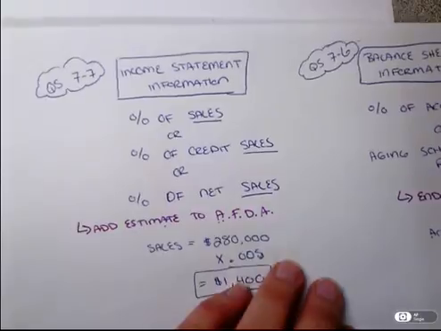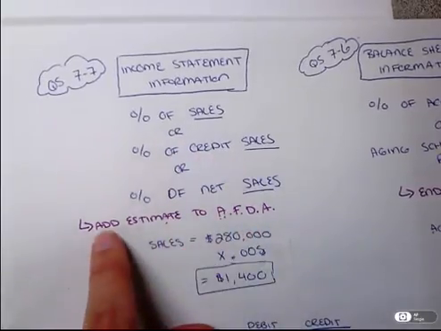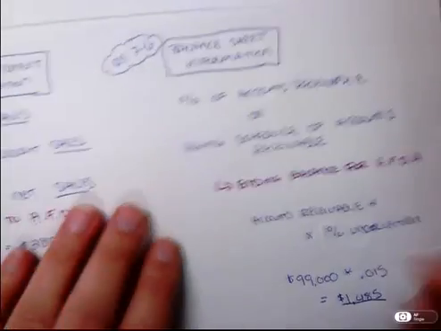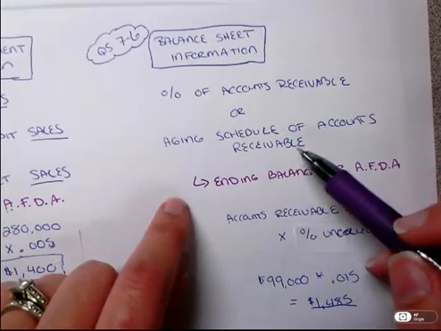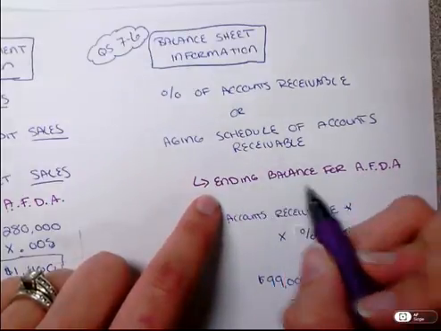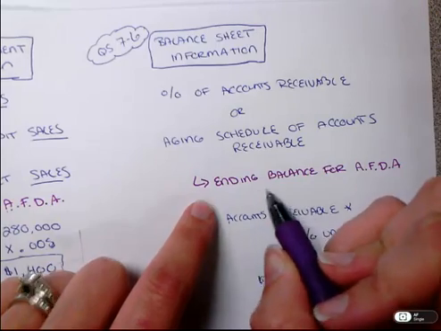So if I refer back to the percentage of sales method, whatever we calculated became the estimate we added to the allowance for doubtful accounts. When we use the balance sheet information way, with the percentage of accounts receivable or aging schedule of accounts receivable, whatever we come up with, we need to make that the ending balance for the allowance for doubtful accounts. It's not going to be an addition. We're going to make this the ending balance. So let me show you what I mean.